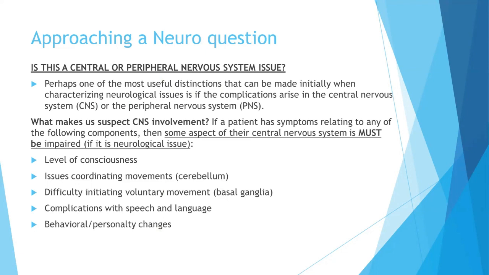These symptoms make us suspect CNS involvement, and these clues will be given in your USMLE question to let you identify whether the question is of CNS or PNS type.